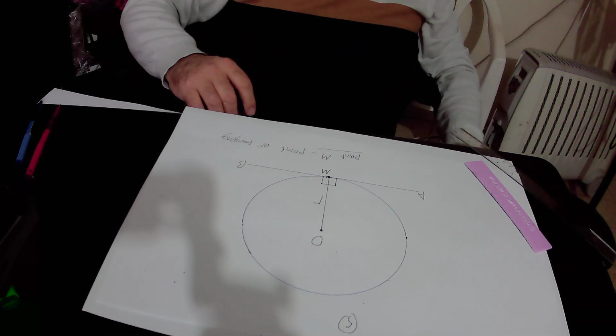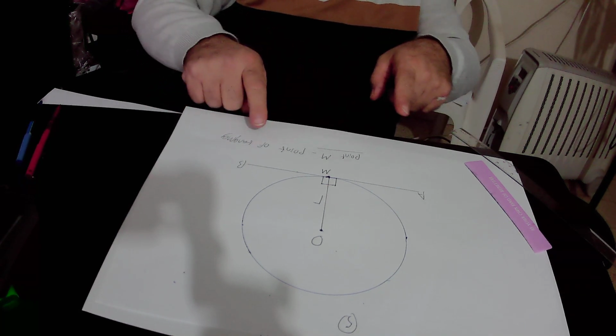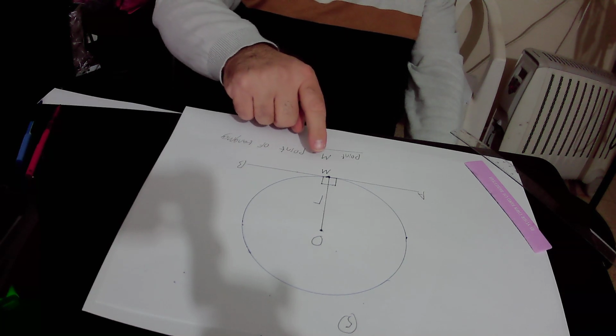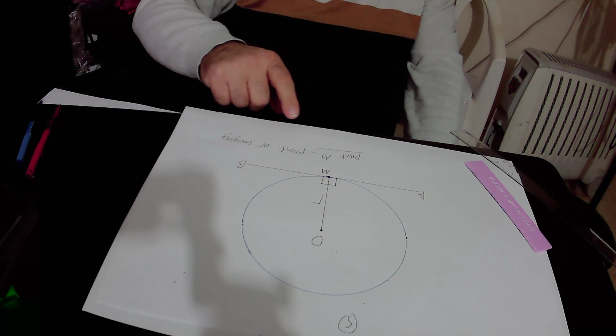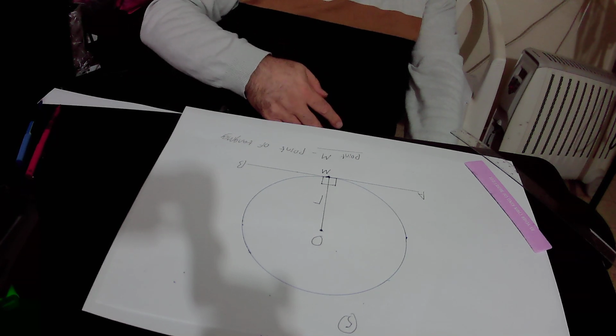Okay, so a tangent to a circle, tangent AB, is tangent to the blue circle at point M. Point M is the point of tangency. A tangent to a circle is perpendicular to the radius drawn to its point of tangency.